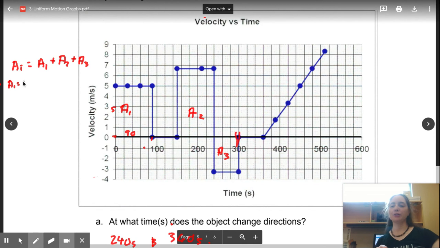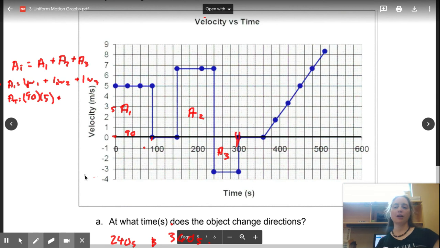Okay, so area 1, length times width, so length times width of object 1 plus length times width of object 2, that's 1, plus length times width of object 3. Okay, so our area total here, we have 90 times 5.